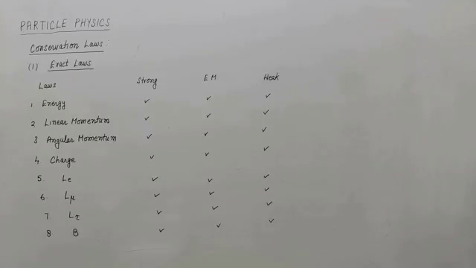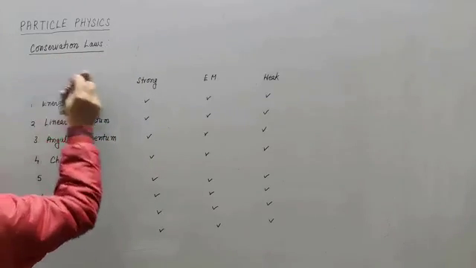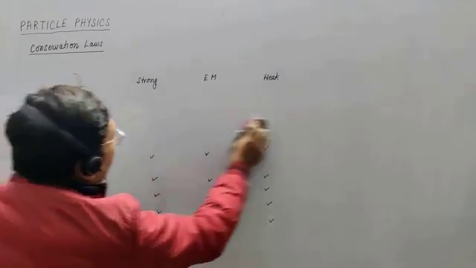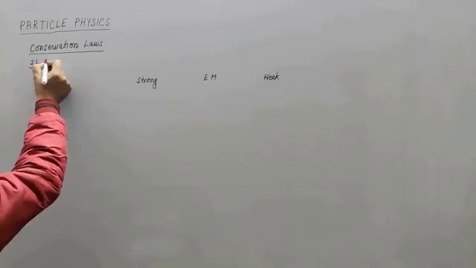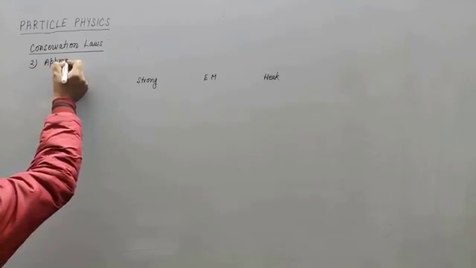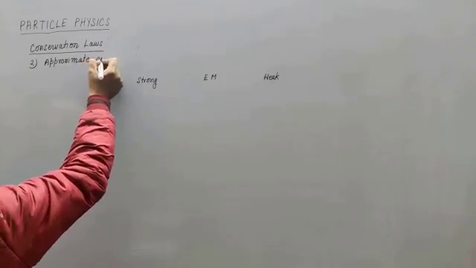Now, second type of conservation laws are approximate conservation laws.